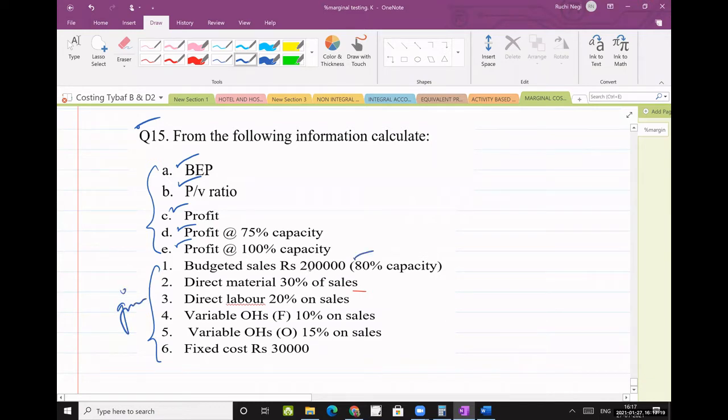At 80% capacity, this is the sales, this is direct material, this is direct labor, this is variable factory overheads, this is variable office overheads, and this is my fixed cost. The capacity percentage is given, and you have to calculate the expected profits and everything.